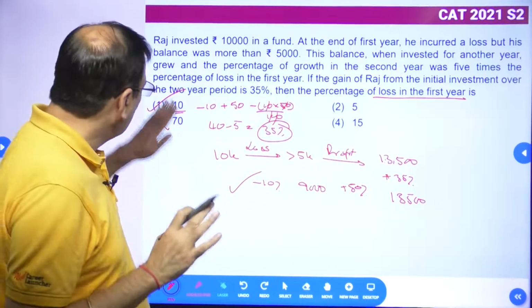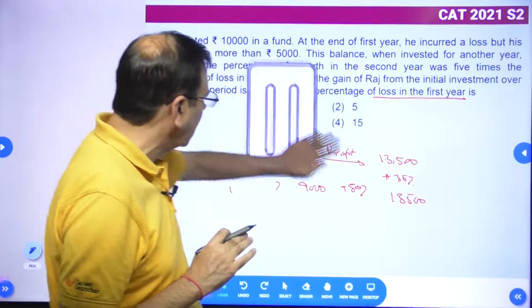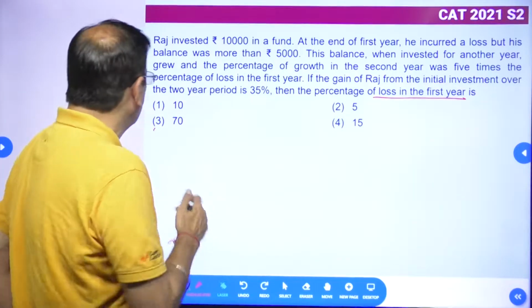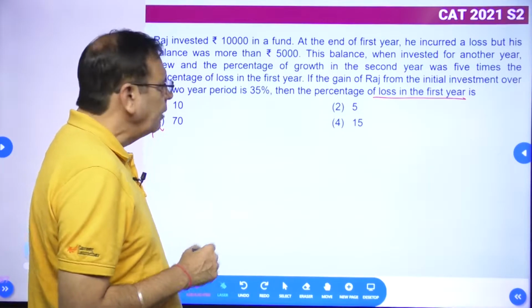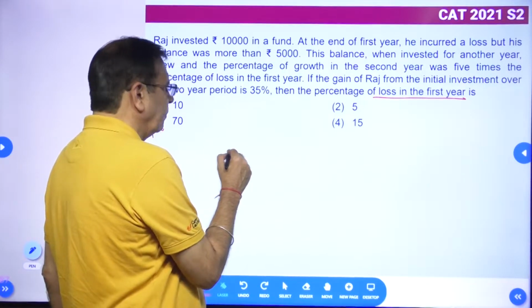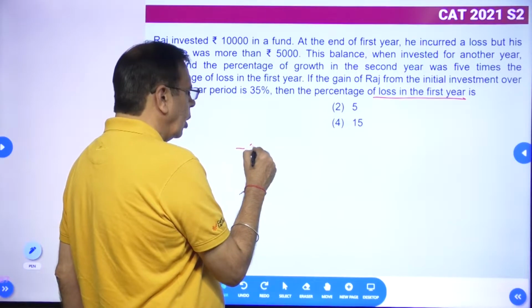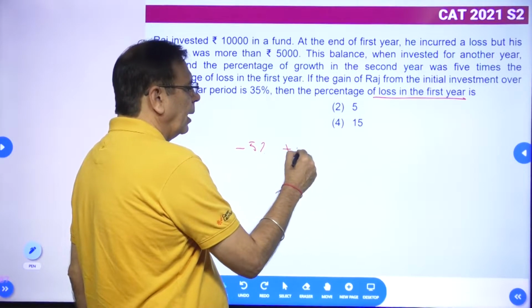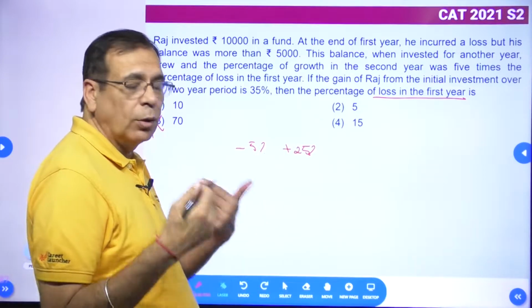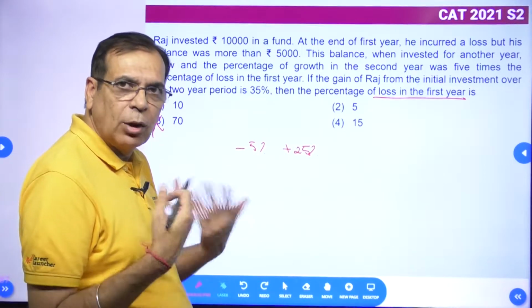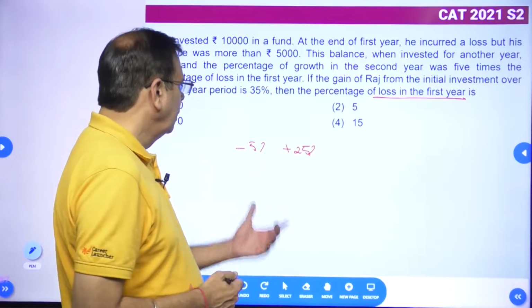Now let me come to another aspect, connected to this only. What if we had checked choice 2? If we check choice 2, what does it tell us? That means it is a loss of 5% followed by a profit of 5 times, which is 25%, because the profit in the second year is 5 times the percentage loss in the first year.